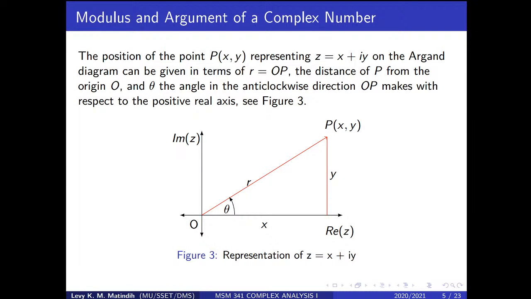We have four quadrants: the first, second, third, and fourth. It depends on where this complex number lies. Does it lie in the first, second, third, or fourth quadrant? Where the complex number lies also affects the argument of that given complex number.